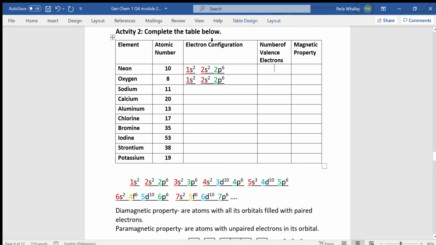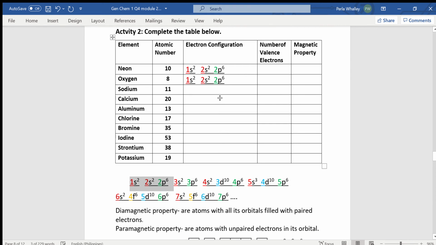Now, neon, atomic number is 10. Electron configuration. Here again, we will have to count. So this is 2, 4, 6, so it's equal to 10. All we have to do here is to copy this.